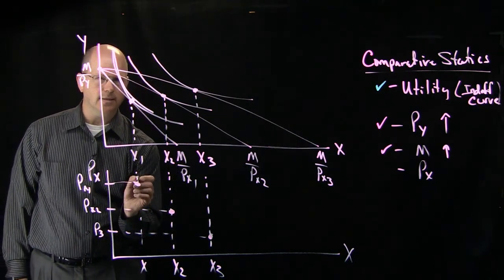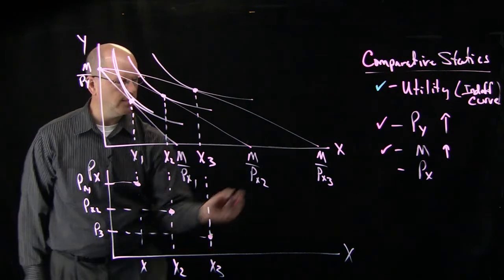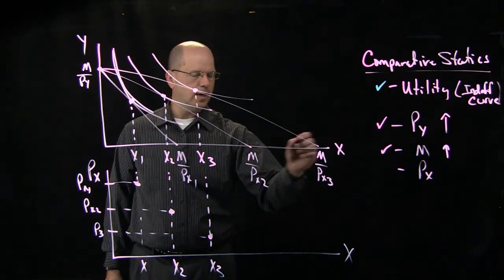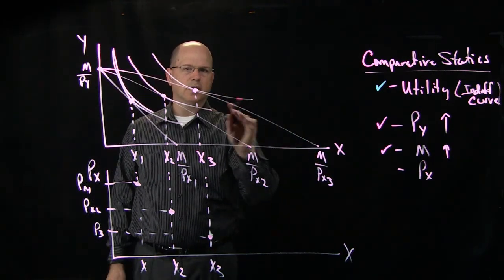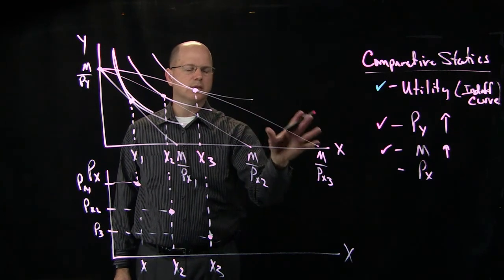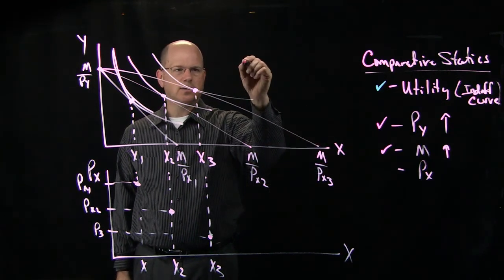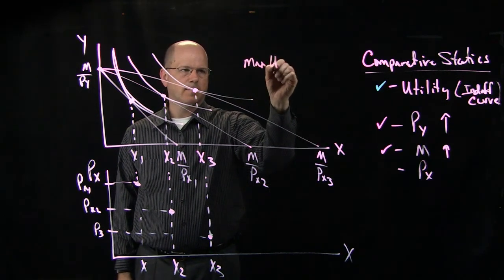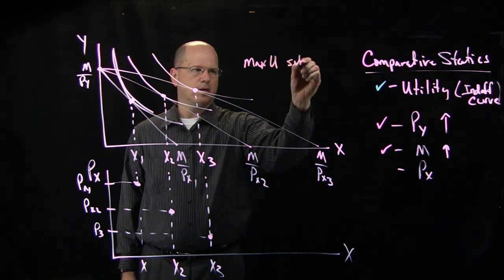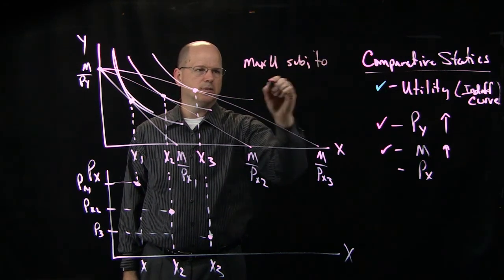So if I connect these dots, right? This is telling me, what is a consumer's problem? Maximizing utility subject to the budget constraint.